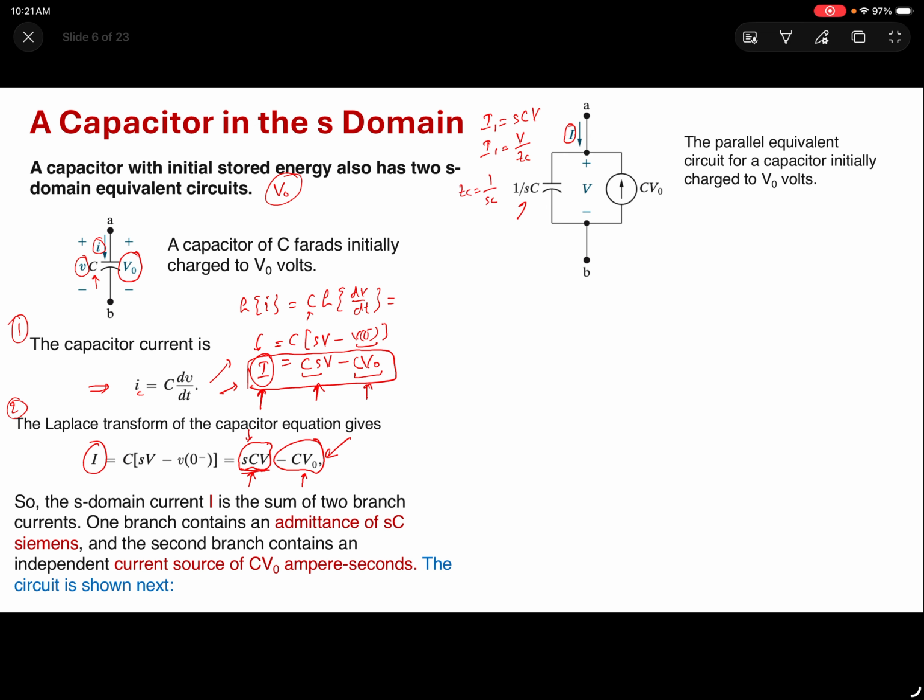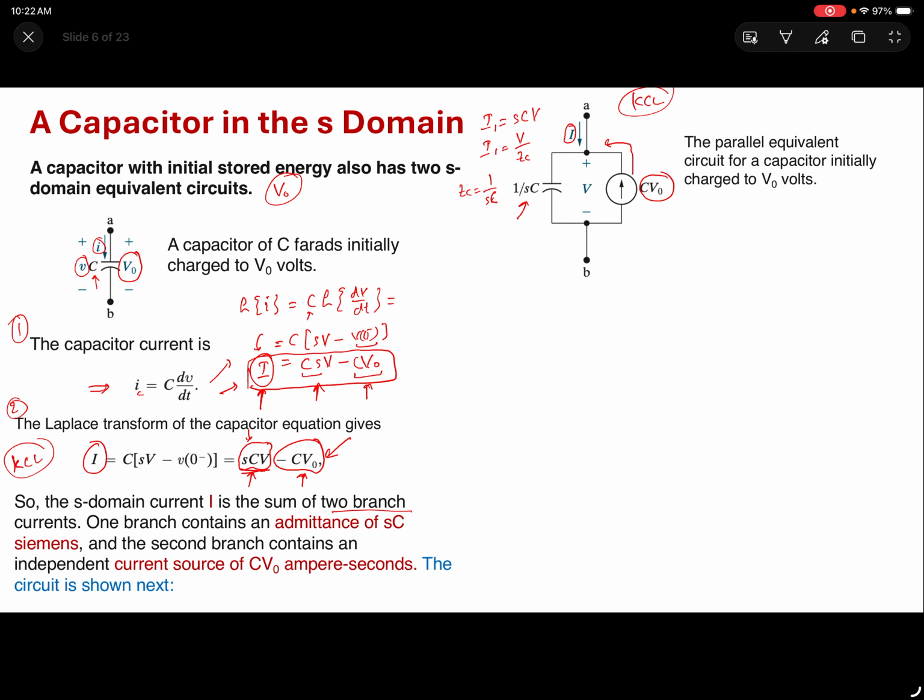That is why you got the impedance of the capacitor over here as 1 over SC. And similarly, the other branch has a constant current of minus CV naught, right? So you get CV naught flowing in the direction that is adding to the current I. You can just assume Kirchhoff's current law over here.